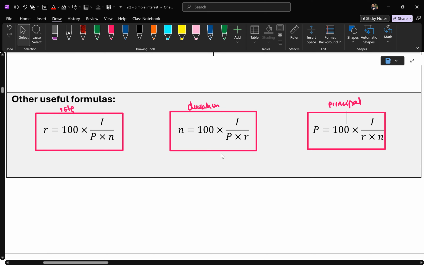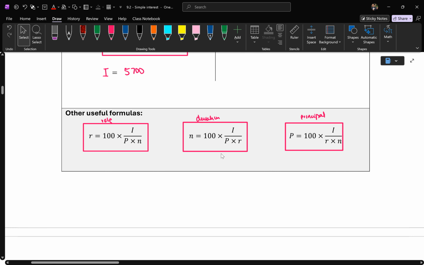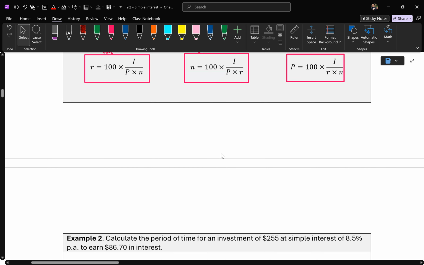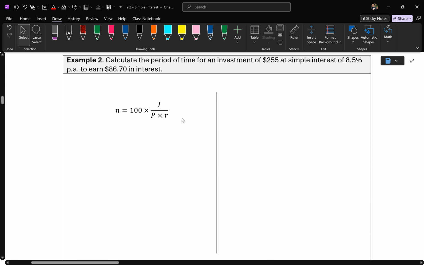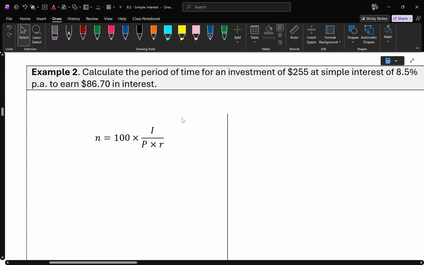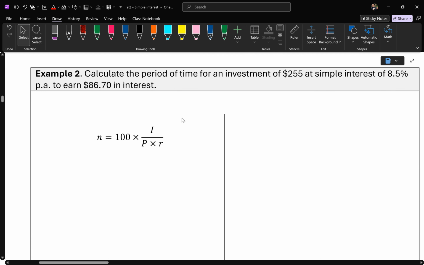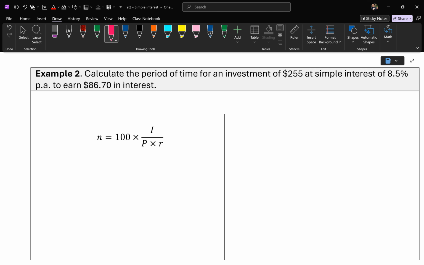All right, let's move on to the next example. The next example relies on one of these formulas. Example 2. Let's say it's the reverse. You want to calculate how long you should put in an investment of $255.